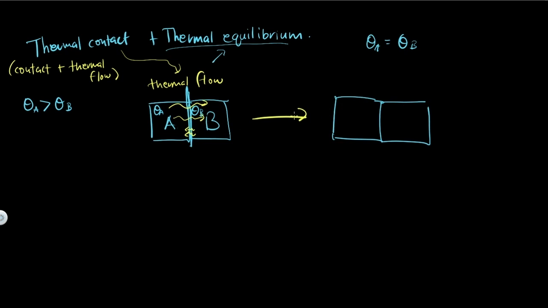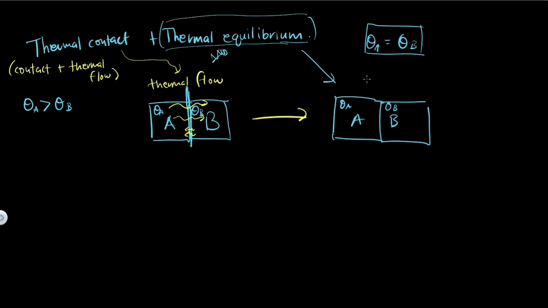And after a while of letting them stay in thermal contact, what will happen? Let's say this is A, and the same for object B. At one time, the temperature of object A, theta A, will reach a certain temperature where the temperature of A is equal to the temperature of B. At that time, we can say that these two objects are in thermal equilibrium.